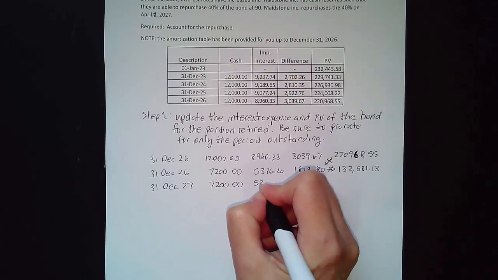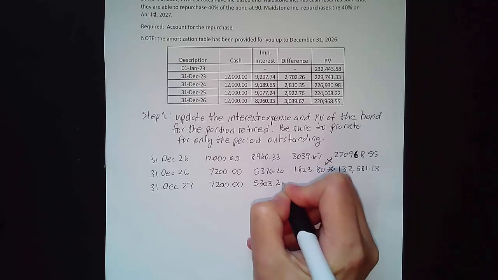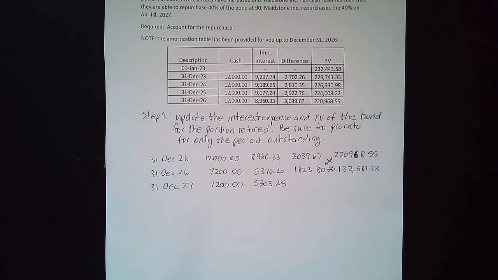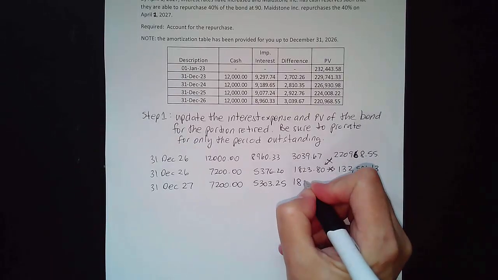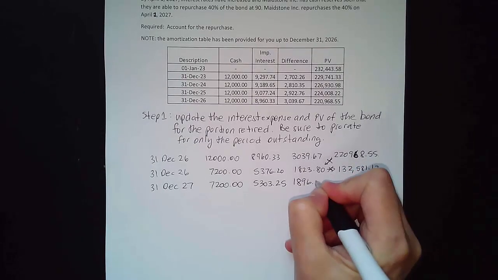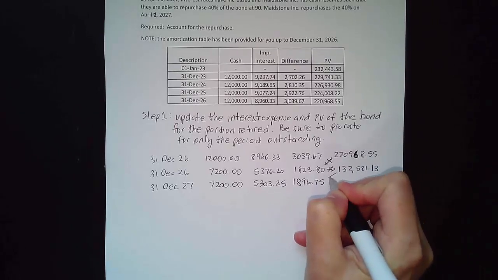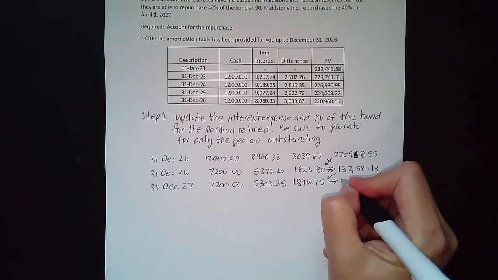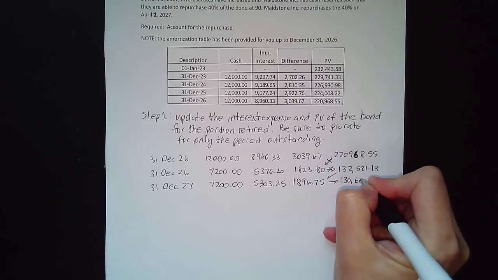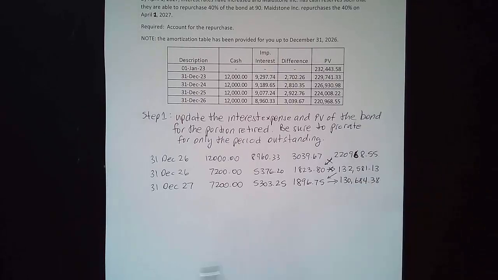That's 5,303.25. I'm now going to take the difference, which will show me the amount of the amortization for 2027 based on the present value that we calculated, the 60% of the total present value. $1,896.75. Now we can continue to do what we always do, which is reduce the present value by this amount. $130,684.38. So this is what's going to continue on in the future.